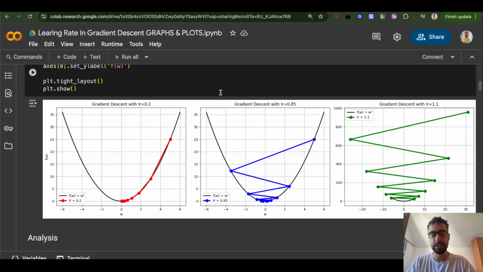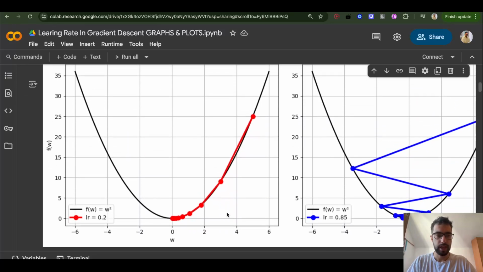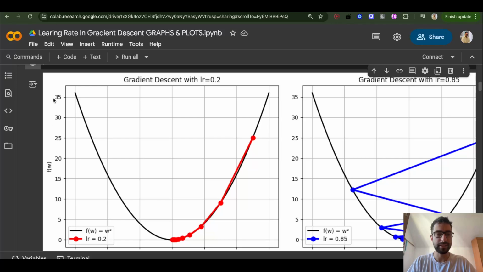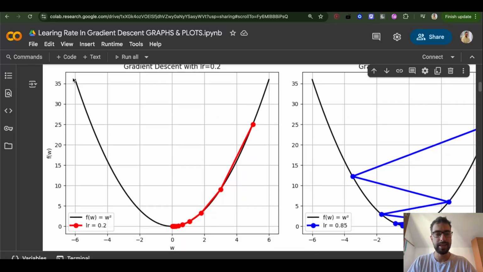Now I want to teach you something. So we will look at this function. This is a squared quadratic function. On the x-axis we have the weight, and on the y-axis we have the square of the weight. So let's say this is the loss function. Now it's different from the loss function that I was explaining.